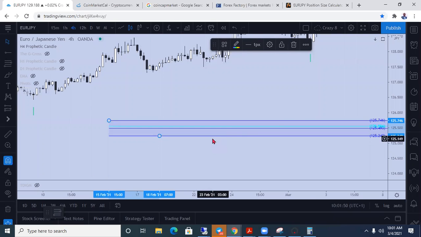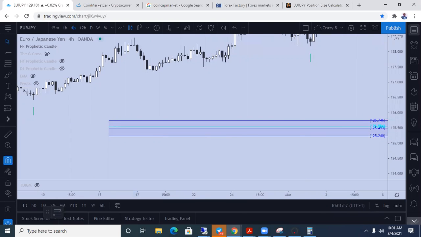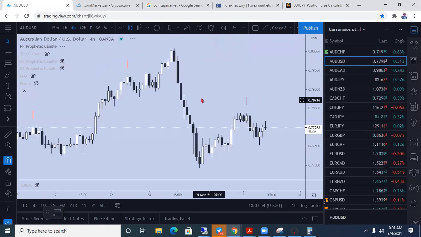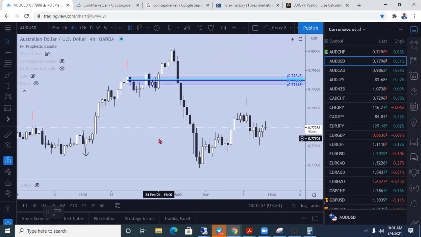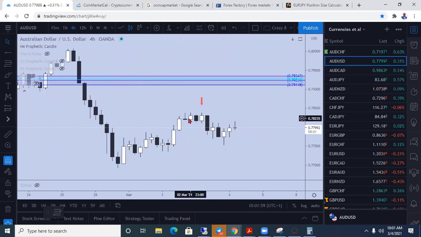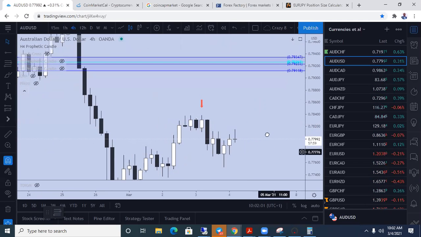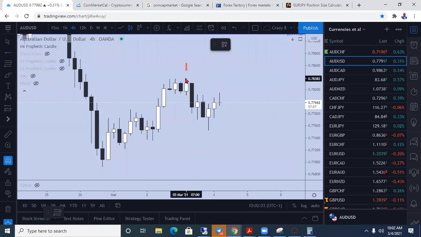Okay, I think we're done. AQZ is pretty simple. Every one of us can go to the chart and look for possibilities. Like on the AUD USD, we are having a possible sell scenario here.